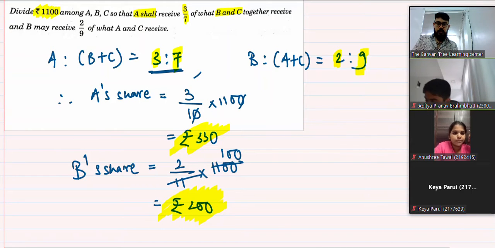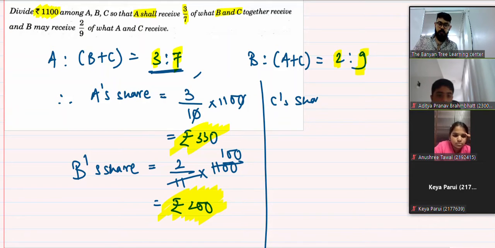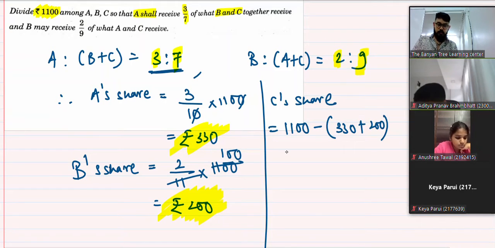So this was easy actually. Now tell me how much will be C's share. C's share is equal to 1100 minus A plus B's share, that is 1100 minus 530, that is rupees 570.